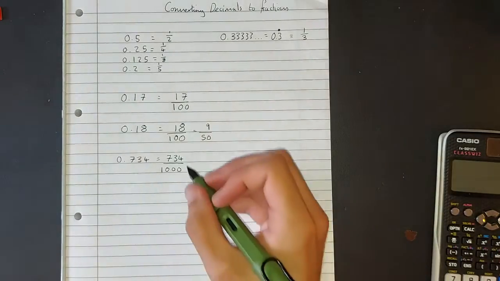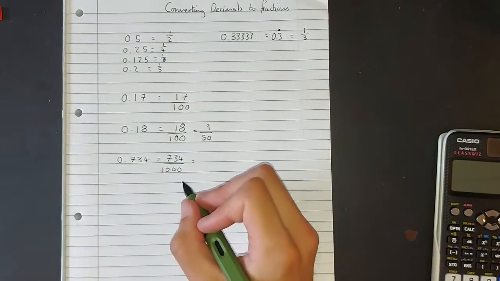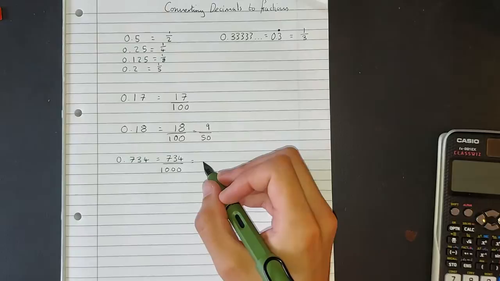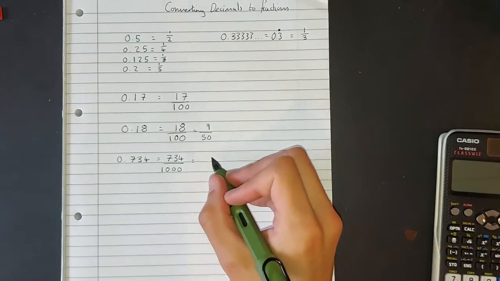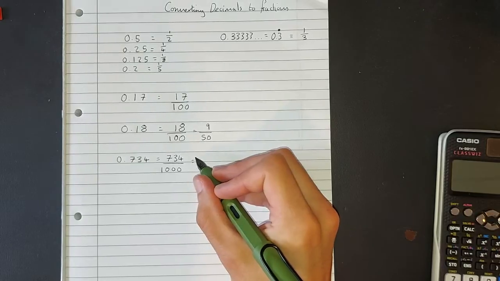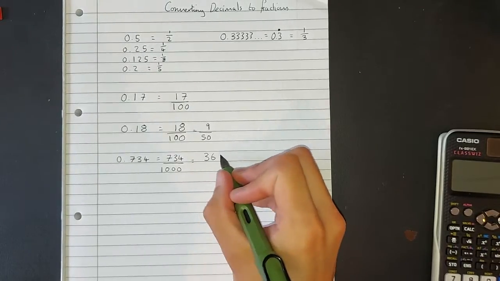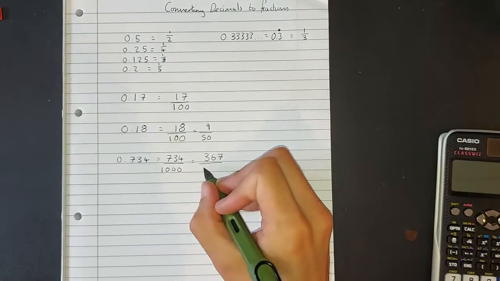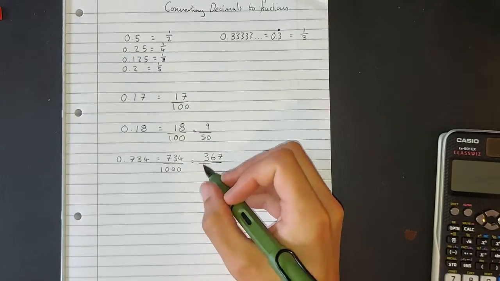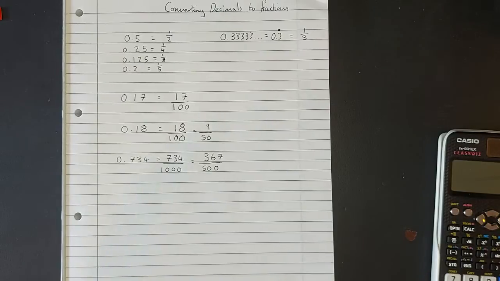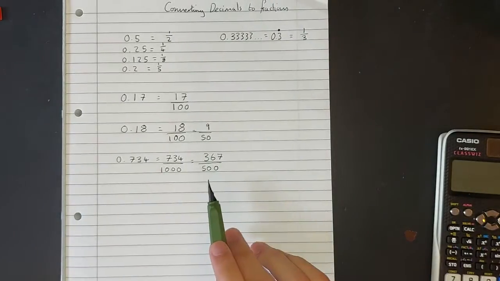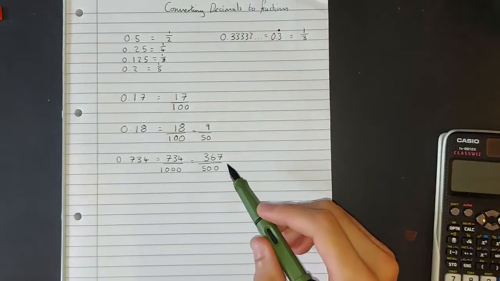Now, can we simplify? Well, we can see that both of these numbers are even, so we can halve the top to give us 367, and then we can halve the bottom to get 500. Now we can have a quick look through our divisibility rules.